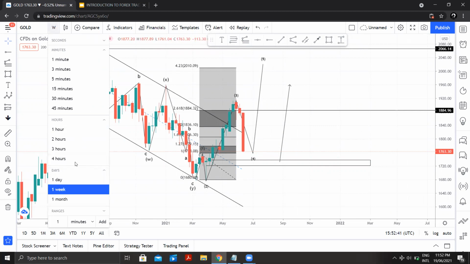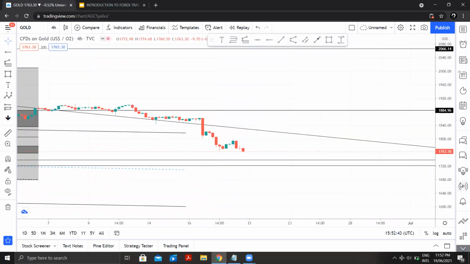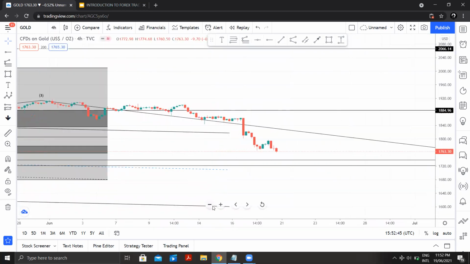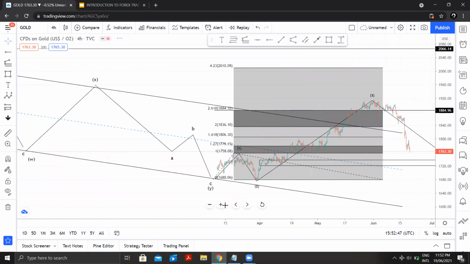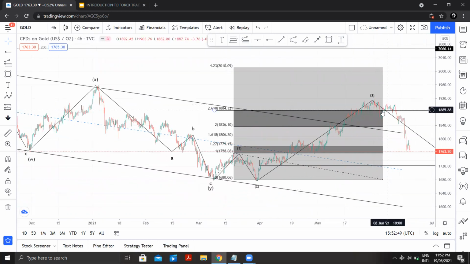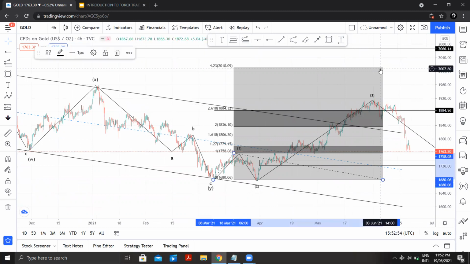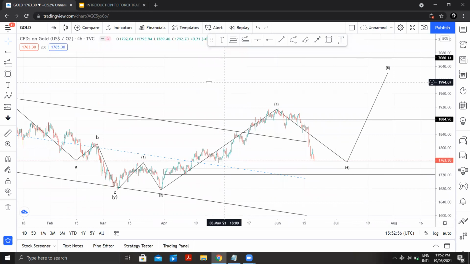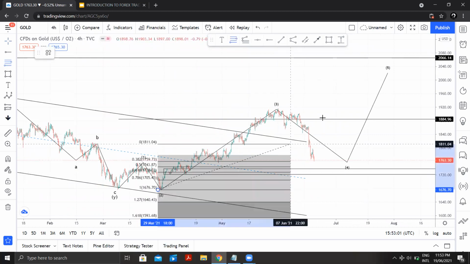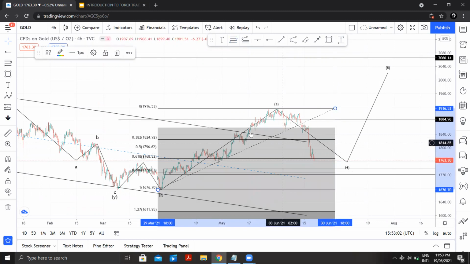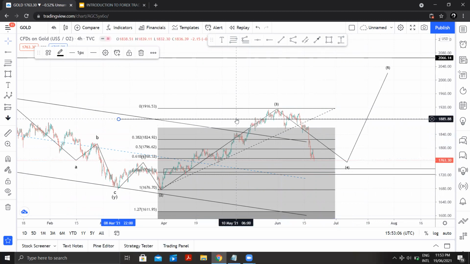So let's go back to H4. Price broke the 0.23 level, but there is something price is not doing yet.